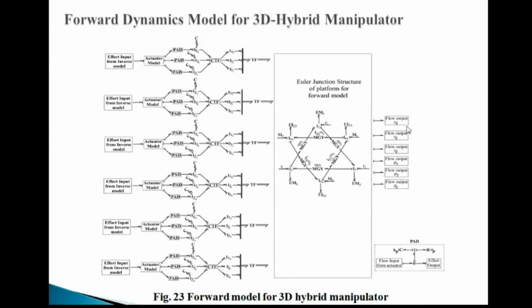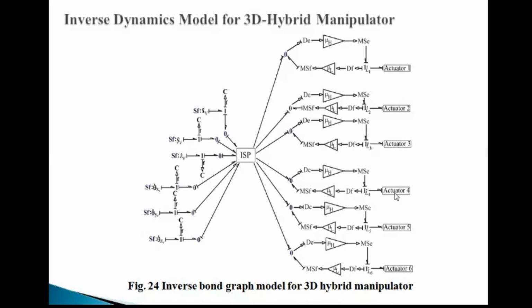And you can see that the output coming is in 6 directions: xg, yg, zg, then theta x, theta y and theta z. So these 6 velocity outputs will be taken. And these outputs are given to the inverse dynamics model. So in this inverse dynamics model, 6 reference velocities are there: xv, yv, zv, theta x, theta y, theta z.